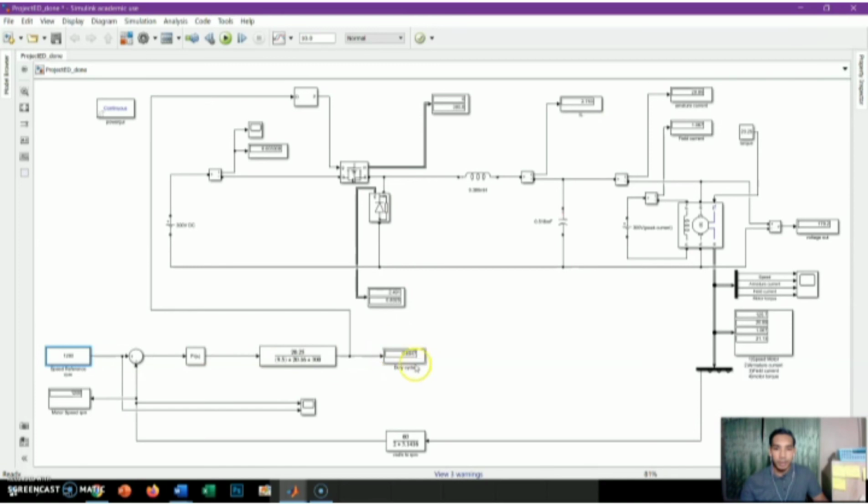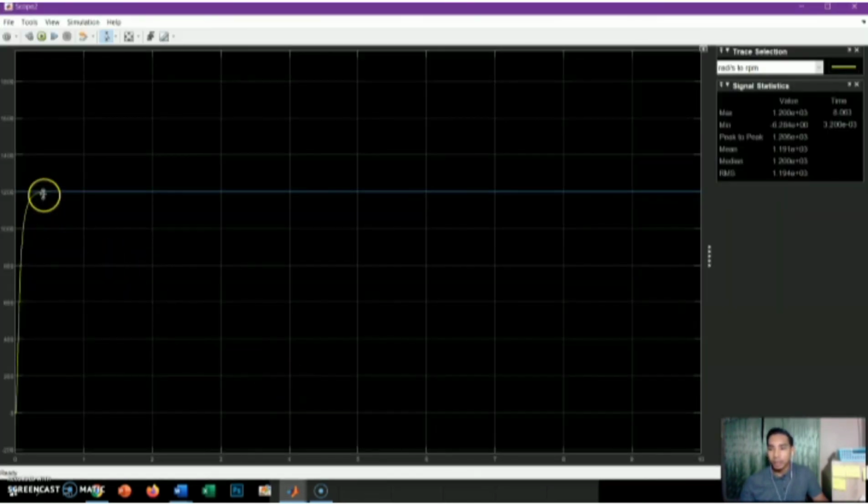What we can see, the duty cycle is 0.6 and the voltage output is 179.2. So the voltage output and the duty cycle are correct. The motor speed is 1200, the same as the speed reference, so it's good. Then we see the graph, and there is no overshoot, which means the PI controller setting is good.